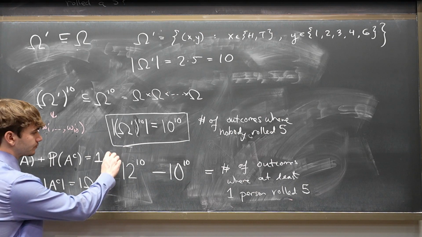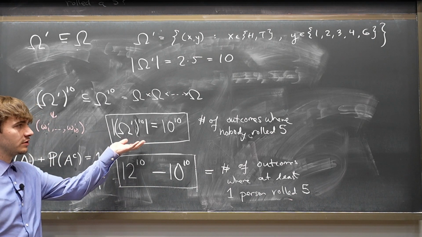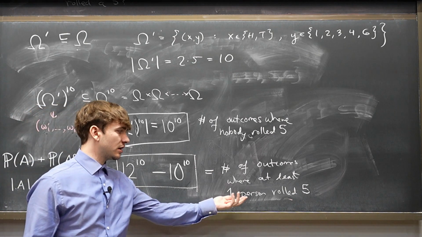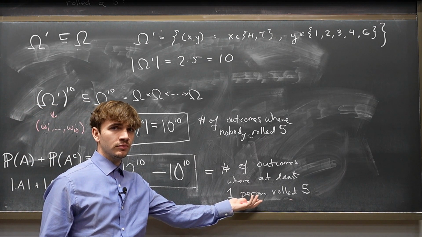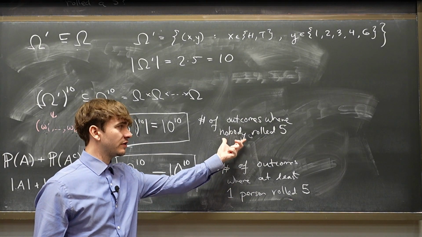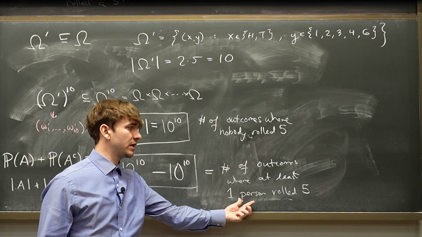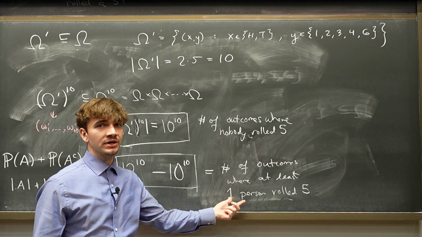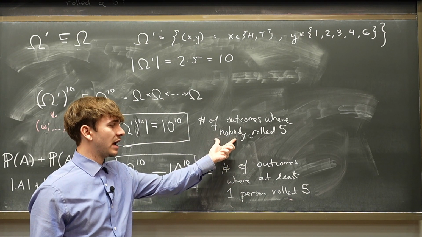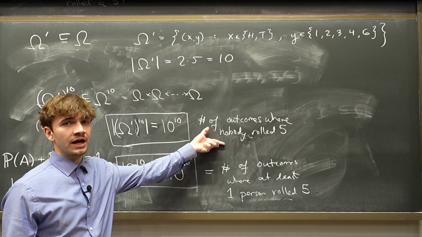So once I've determined the number of outcomes where nobody rolled a 5, then this event is the logical opposite of this event. Either this event happens or this event happens, and they're mutually exclusive, meaning that at least one of them must happen, and if this event happened, then this event cannot happen.